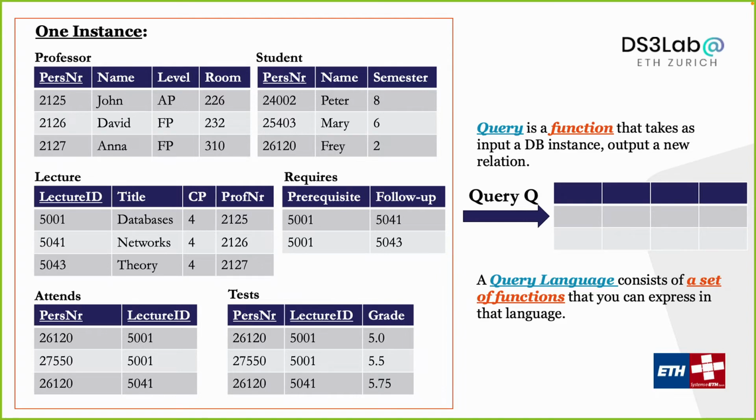A query language can be understood by the collection of functions or queries that you are able to express in that language. Later on, when we talk about how powerful a query language is, we are actually talking about how large that collection of functions or queries is.